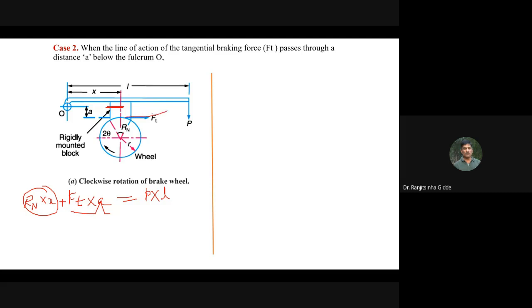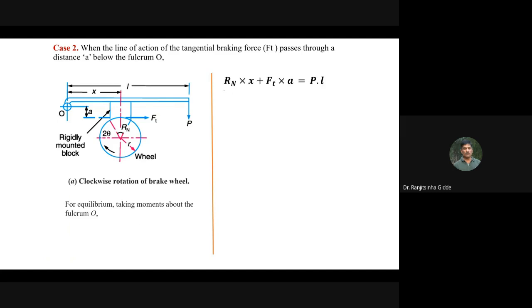For this Ft with respect to the fulcrum, we are going to consider it as an anti-clockwise direction. So this is plus, and this one is minus P into L. So for equilibrium, taking moment about O: Rn into X plus Ft into A is equal to P into L.